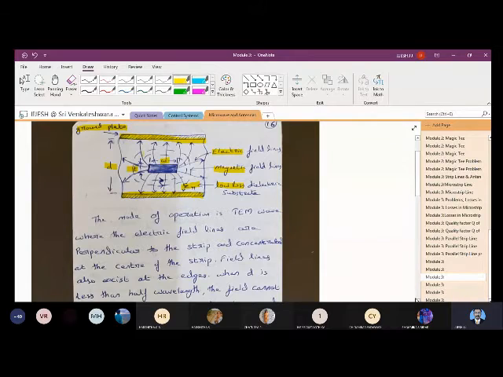So the mode of operation here is not quasi TEM. You should be very specific when you are writing. The mode of operation is TM wave, where the electric field lines are perpendicular to the strip and concentrated at the center of the strip.